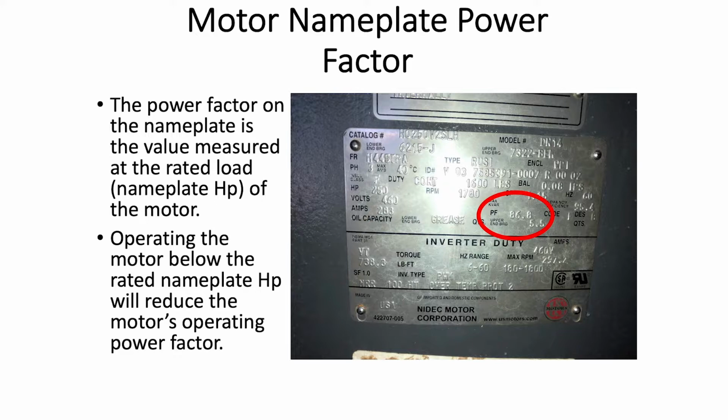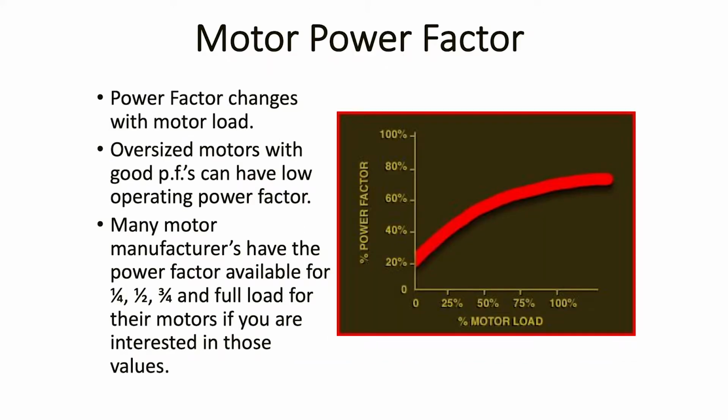Operating below the nameplate will reduce that operating power factor. So power factor changes with load. You can see at full load, at 50% load, my power factor has dropped significantly. So there's my penalty, that curve there, for oversizing a motor with its operating power factor.